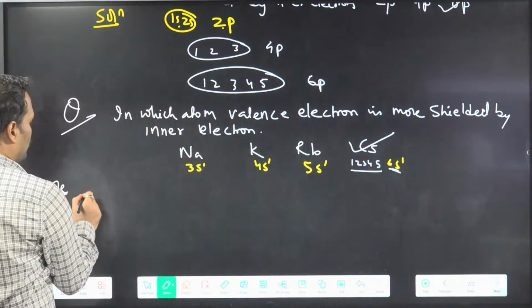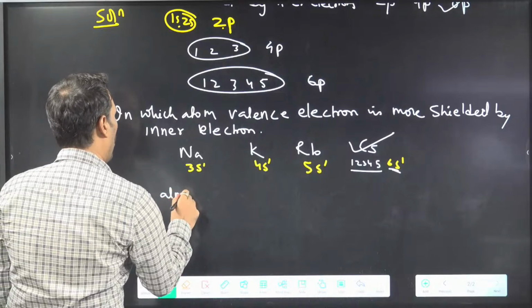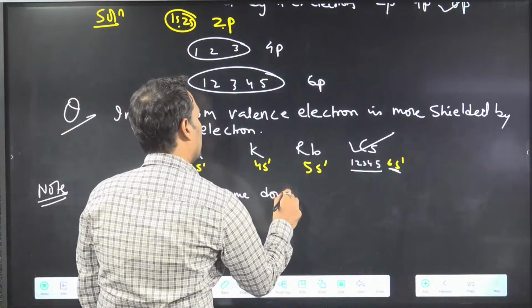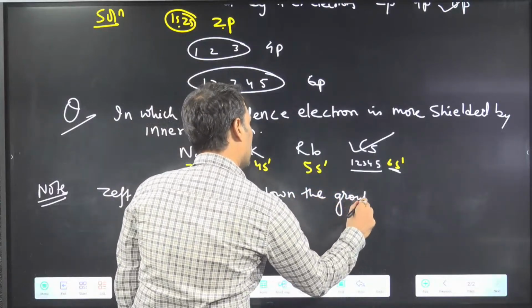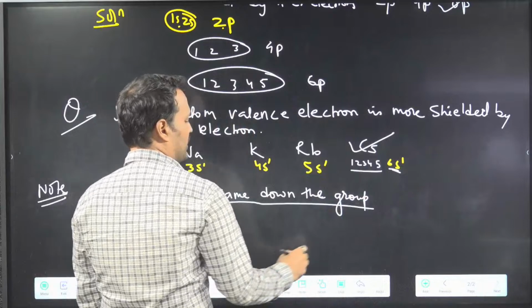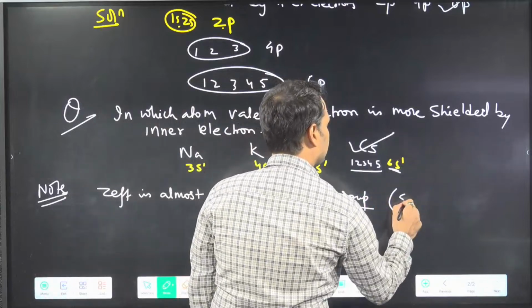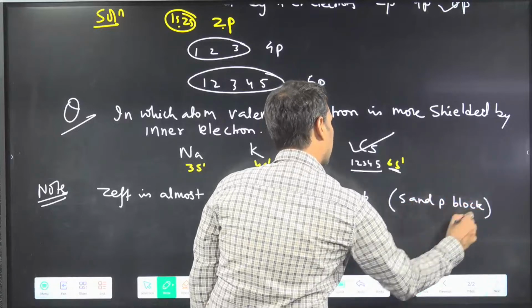Okay, so note 2 points are there. One point is that Z effective is almost the same down the group. Generally we are saying this for S and P block.